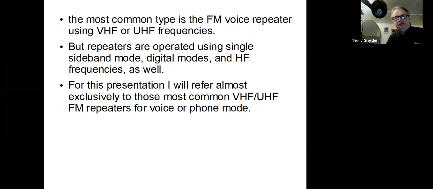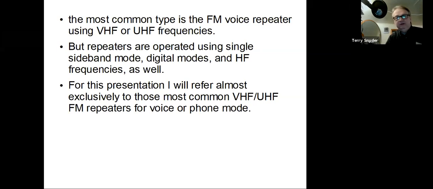The most common type of repeater is an FM voice repeater using VHF or UHF frequencies in the ham bands. But there are different other modes too, including single sideband. There was a time repeaters were AM, before the advent of the proliferation of FM equipment from the commercial bands that came into our 2 meters and 440 range.